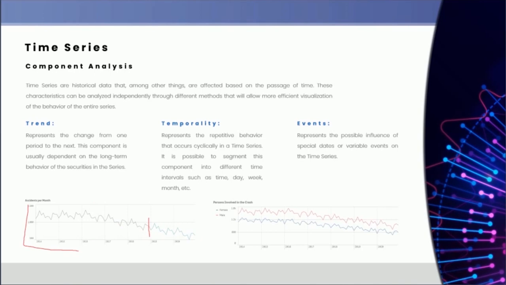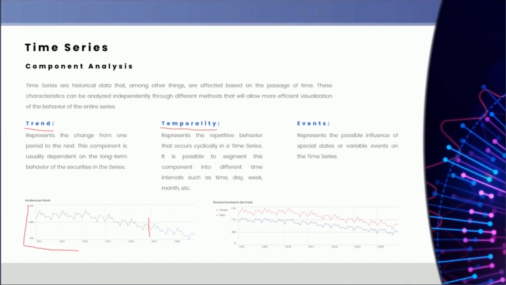Okay, so the definition of the time series refers to the fact that the indicators have three main parts. We have the trend that represents the change from one period to the next and whether the change factor is increasing or decreasing. We have temporality, which represents repetitive behavior that occurs cyclically in a time series.